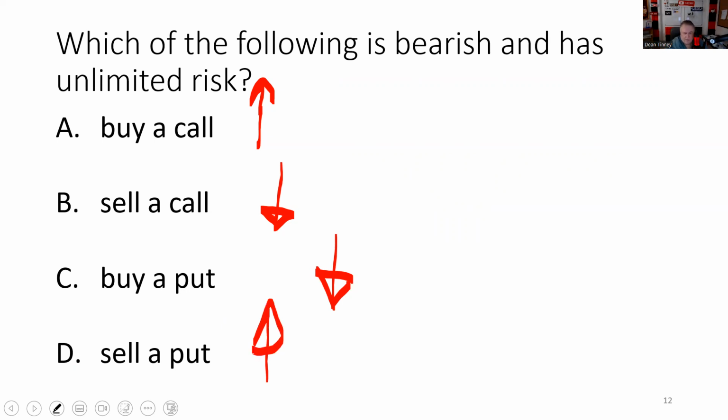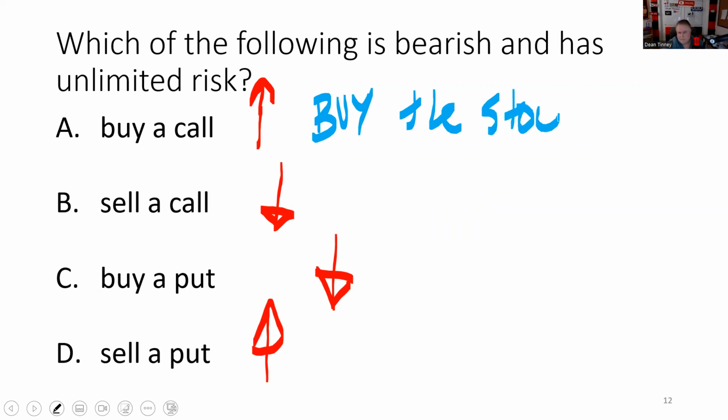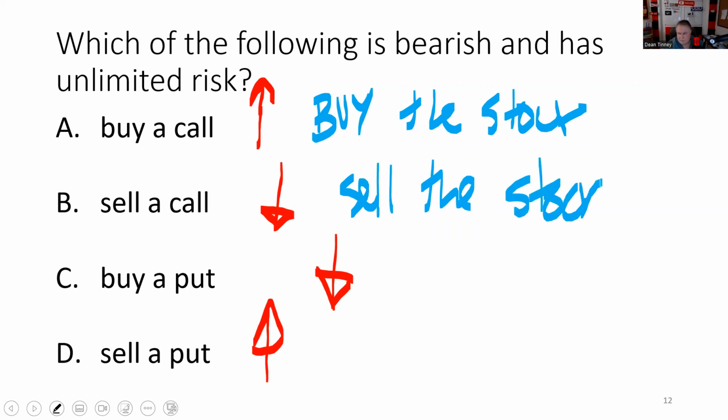So let me get a different color here. This is buy the stock. This is sell the stock in terms of exercise. And again, if it sounds like I'm speaking a foreign language, that means you should go back and lay the base knowledge by watching your video and doing your reading before you come to this.